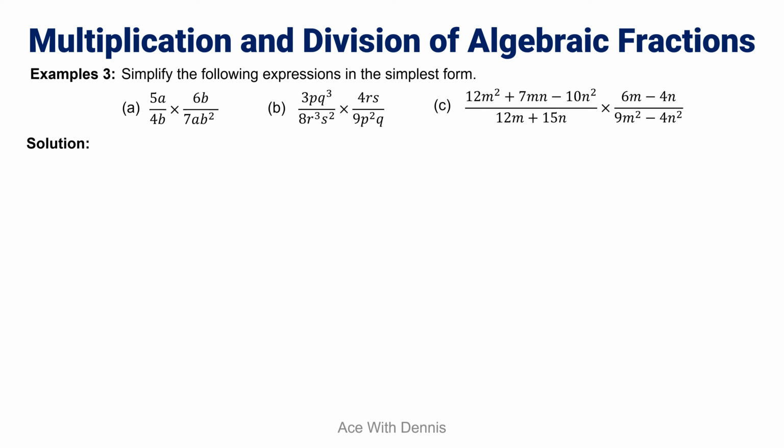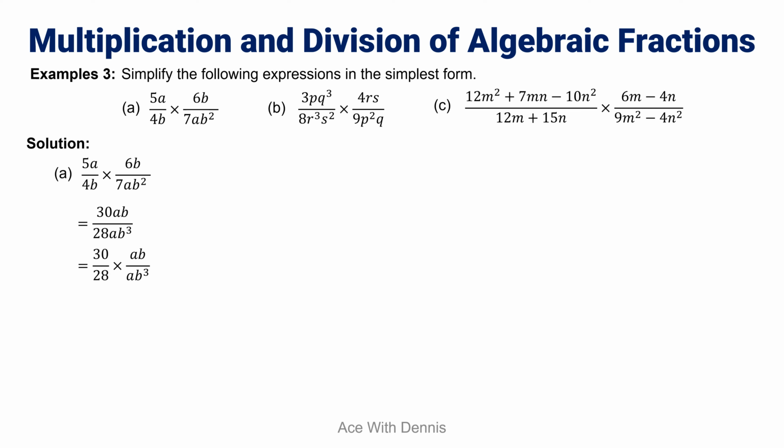So here's the solution. For A, 5a over 4b times 6b over 7ab squared. We can multiply the numerator with the numerator, and we'll get 30ab, and the denominator with the denominator, so we will have 28ab cubed. Then from here, the numbers are divided with the numbers and the unknowns with the unknowns.